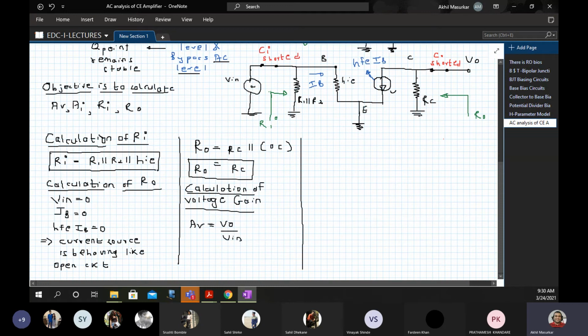V0 is the current flowing through RC, that is the voltage at this point, but this current is flowing like this, so the voltage drop would be negative. So V0 is minus HFE into IB into RC, and Vin is the voltage drop across HIE.